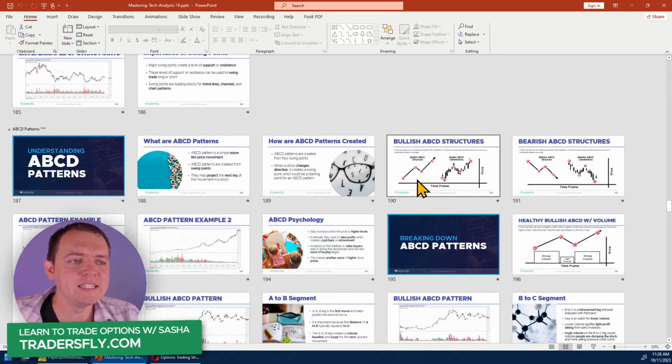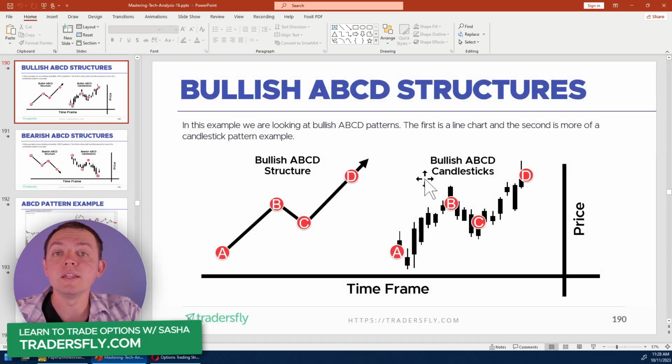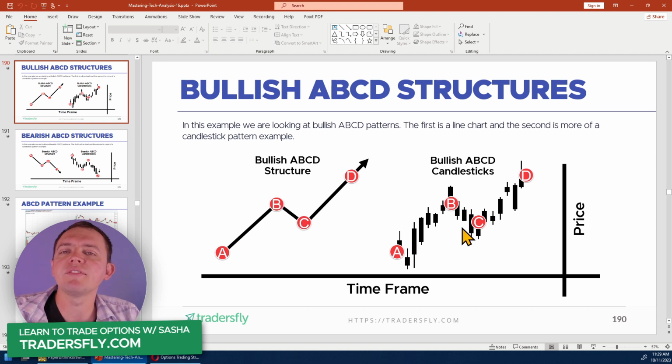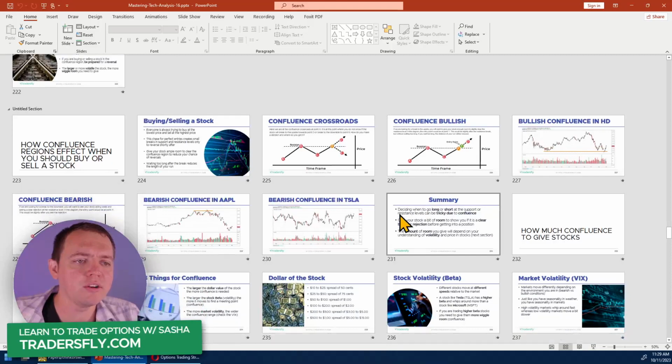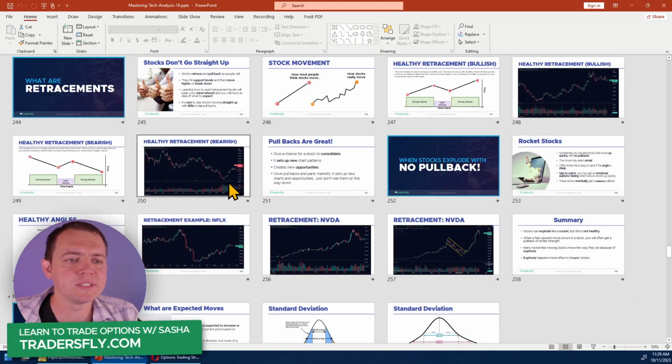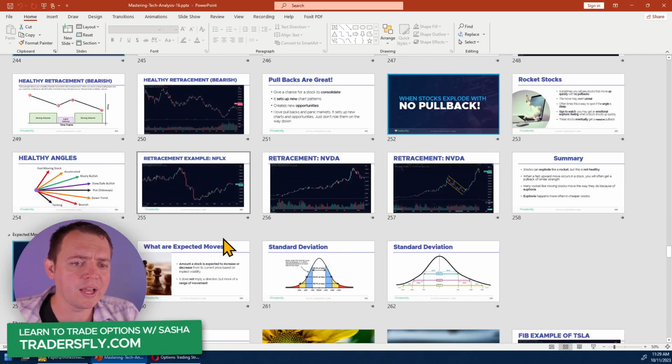We'll look at ABCD patterns, how they play a role in charts and price movements and behaviors, going from A to B, B to C, and C to D, and the natural tendency of stocks when they go through these ABCD patterns. What kind of volume should you look for? We'll look at confluence and retracements. How do stocks pull back, how do they retrace?